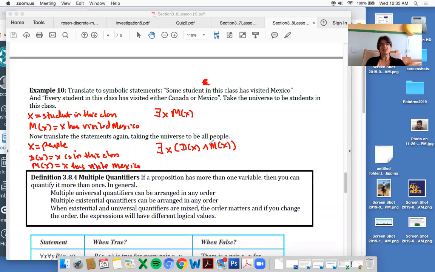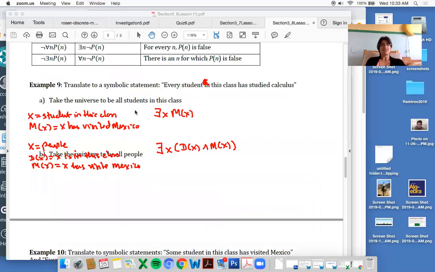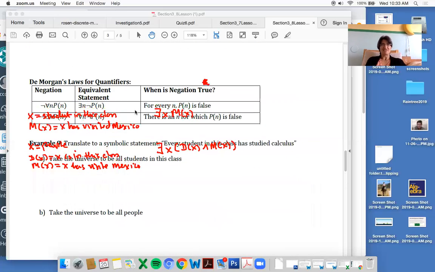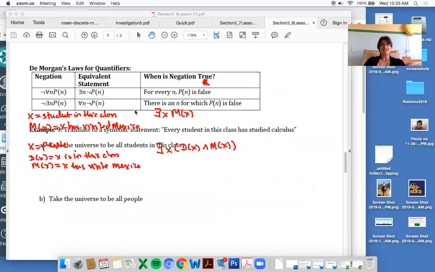Notice that this is different than what we were looking at above, when I looked at "every student in this class has studied calculus." With every, when you take the universe to be all people, we had for every X, if they're in this class, then they had studied calculus.